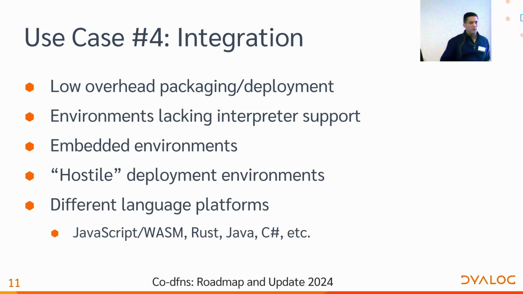And the fourth use case is that sometimes we run into this problem where a potential APL customer needs to deploy APL in a very hostile environment. It might just be a technically hostile environment where it's difficult to run the interpreter.